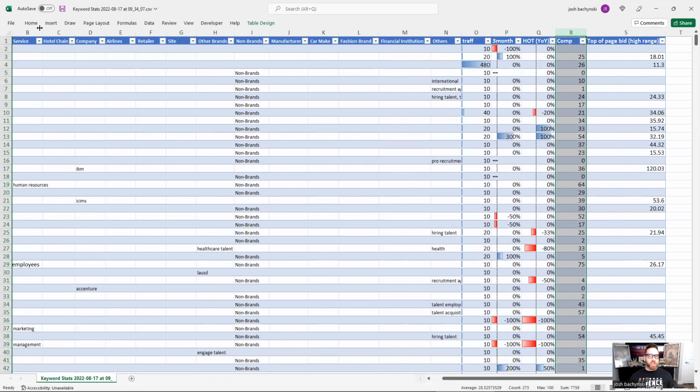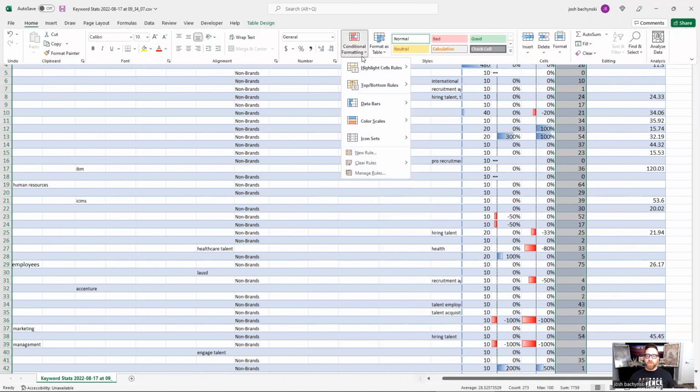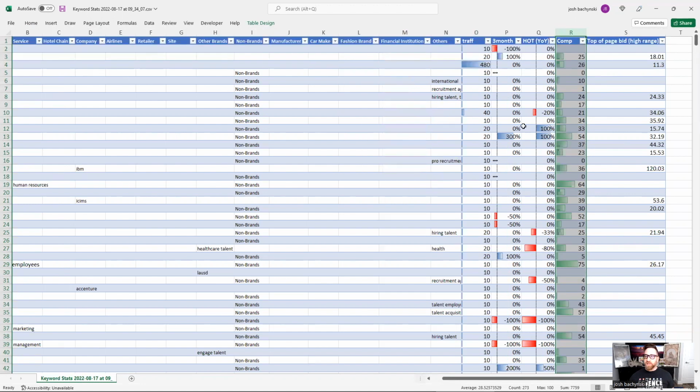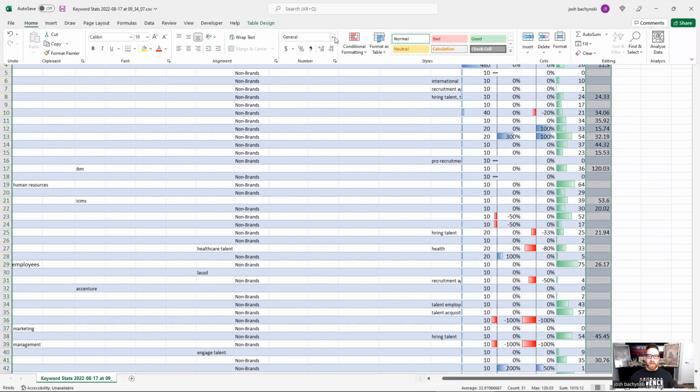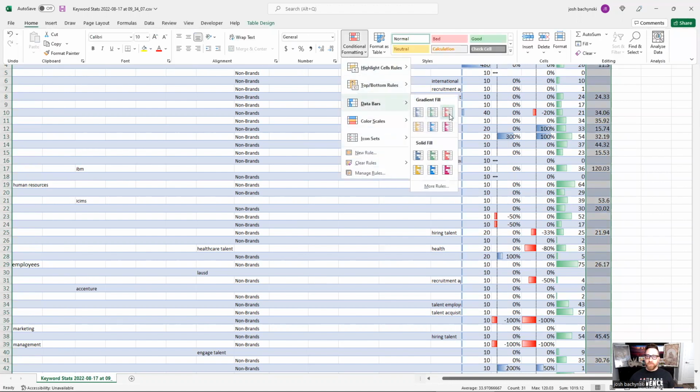Now we're going to competition. Put a different color conditional formatting on that just so you can see it. Oh yeah, this is the CPC. That's why it's so big. That is the raw money behind the niche, what people are willing to pay to be at the top of the search results.